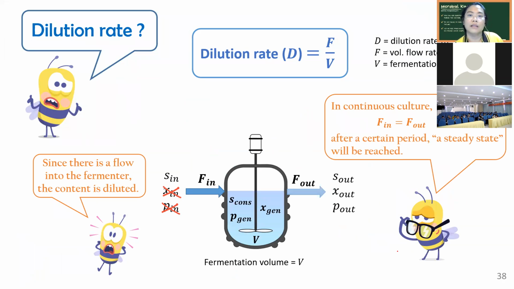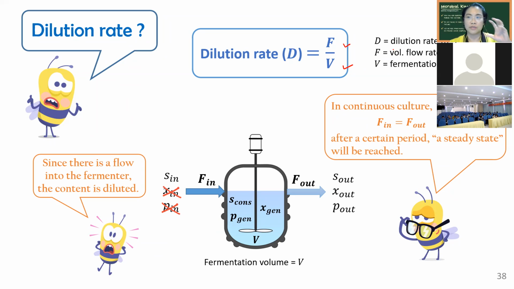So let's see what dilution rate is. By definition, dilution rate is the volumetric flow rate of the stream that goes into the fermenter, which equals the flow that is out of the fermenter, divided by V, the fermentation volume. It's not the fermenter volume, okay?